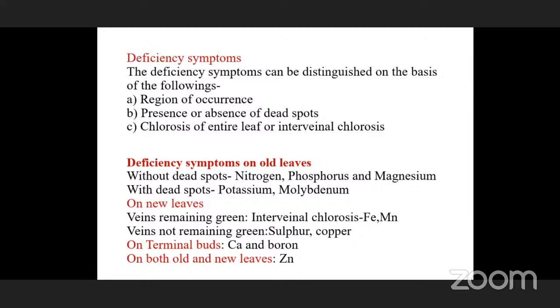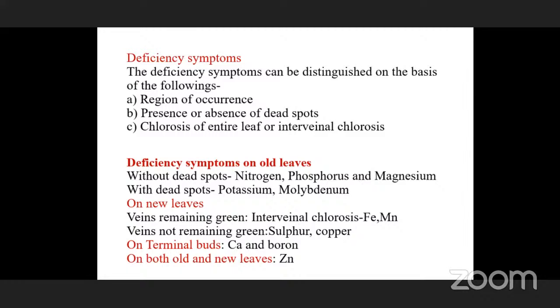This is on older leaves. So we can say that on older leaves N, P, K, magnesium and molybdenum deficiency can be seen. You have to remember what the symptoms are on which part, and whether they produce dead spots or not. N, P, K, magnesium and molybdenum show symptoms on older leaves.